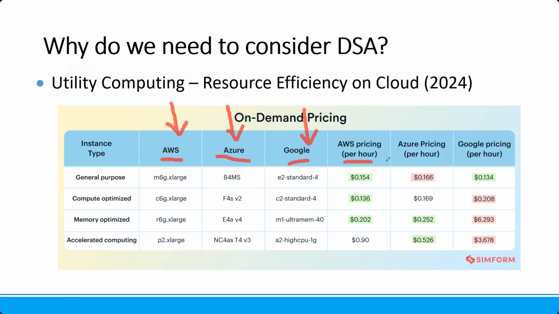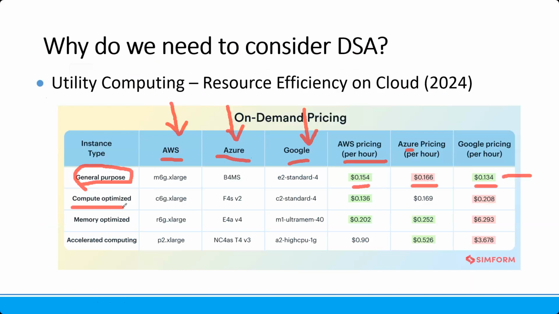AWS pricing per hour is $0.15. For Azure, the pricing is $0.16. For Google, it is $0.13. And it depends on the purpose. For general purpose, this is the price.